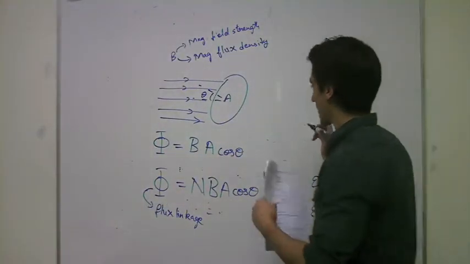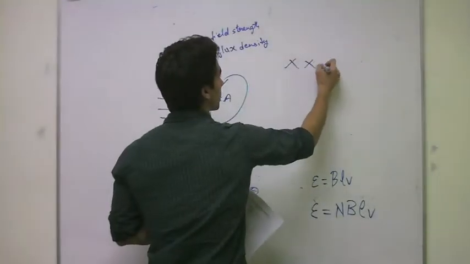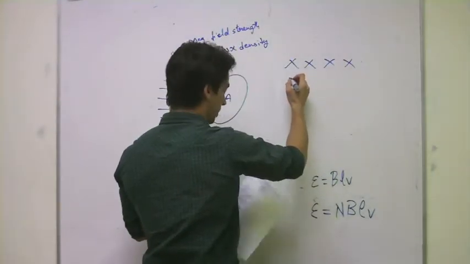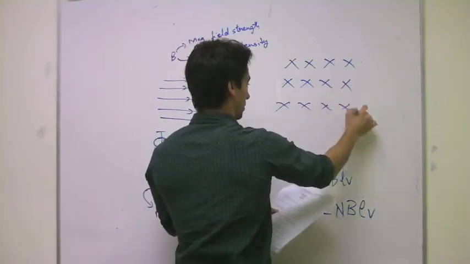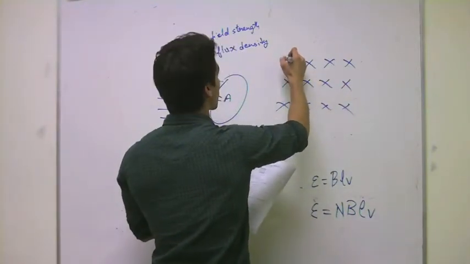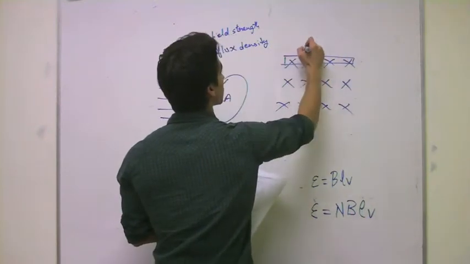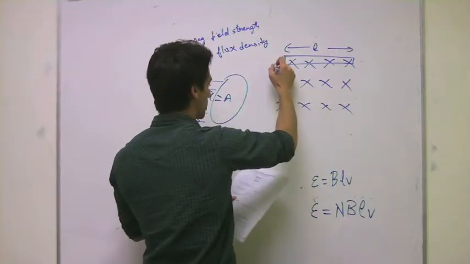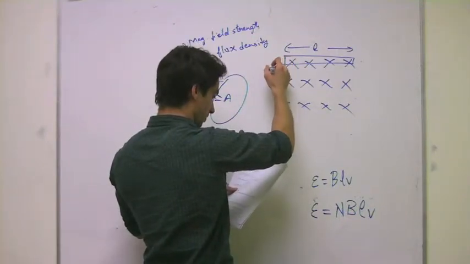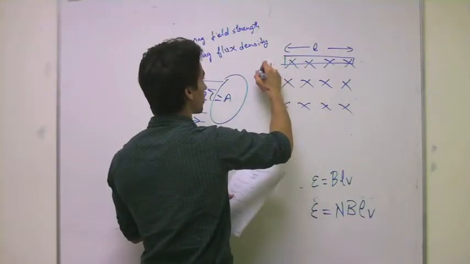Okay, now again, if we have a magnetic field into the plane of the paper, and we have a conductor of length L, and it's moving downwards with a velocity v.